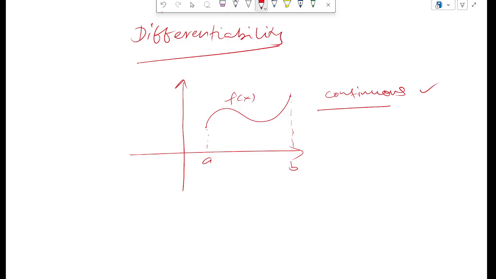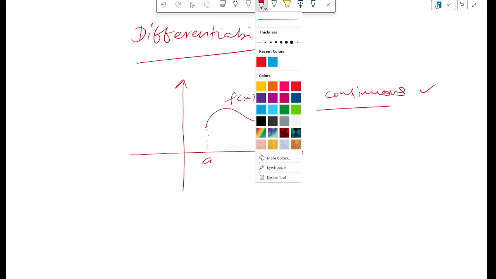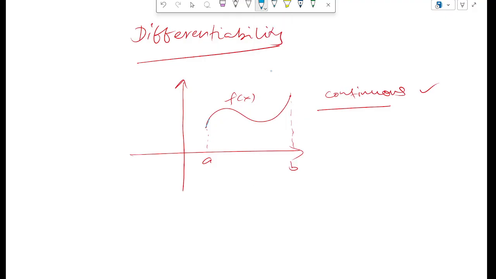If there is a sharp turn in the graph, there might be a chance that the function is not differentiable at the point where the graph turns very abruptly. This graph does not have any sharp turn. It is very smooth from start to end. So this is a differentiable function in the interval from A to B.